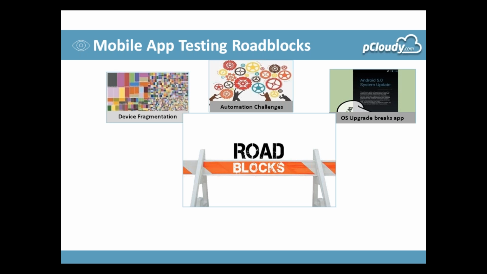Something like device diversity, which exists in the market, and it increases the testing effort exponentially. Continuous new launches of new operating system versions, which increase the regression effort exponentially. Every time there is a new OS upgrade, you have to test the app for that change.